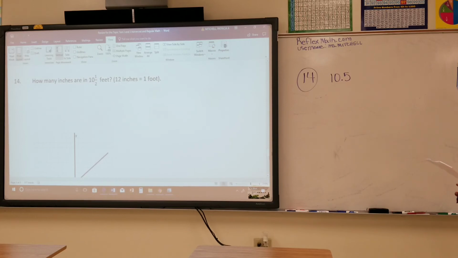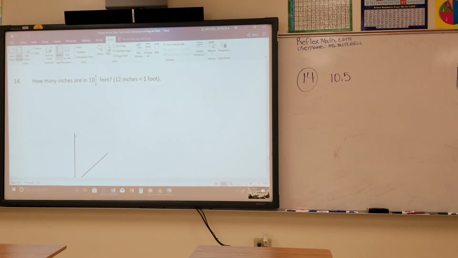So remember, when you are going from a bigger unit to a smaller unit, you now have to multiply. Because we're going from a big unit, feet, to smaller units, inches. Because remember, in the last one, we were going from smaller units to larger units, so therefore we had to divide.